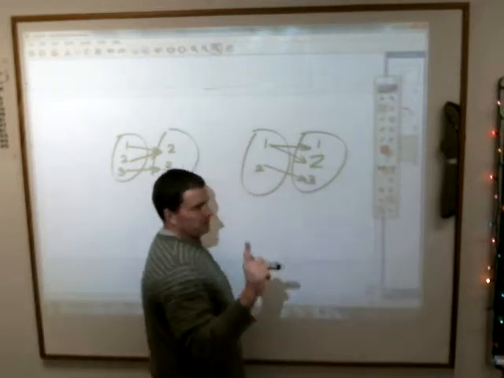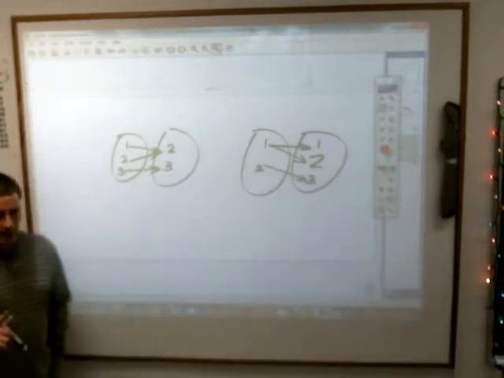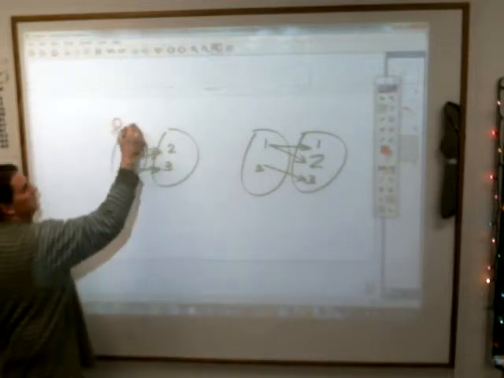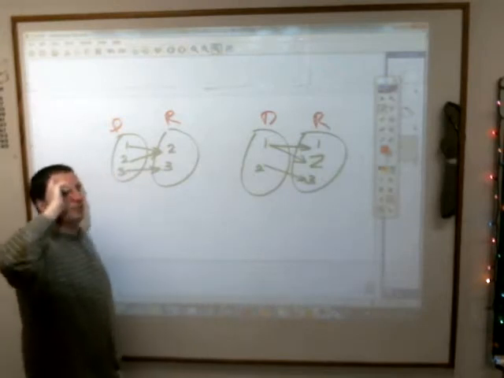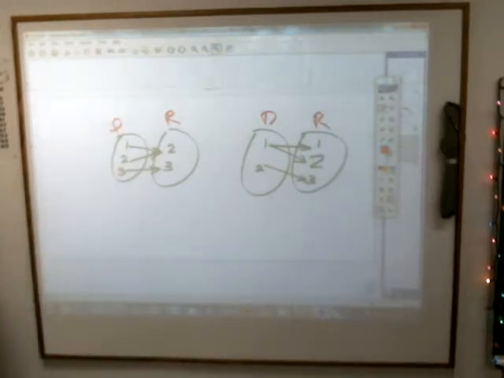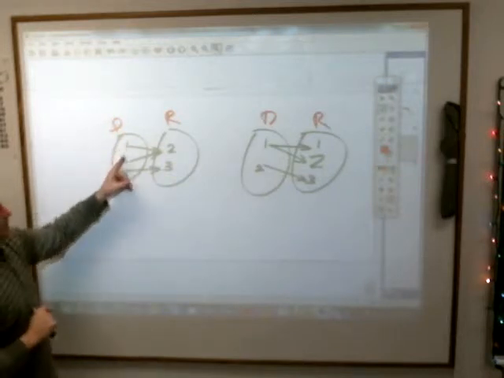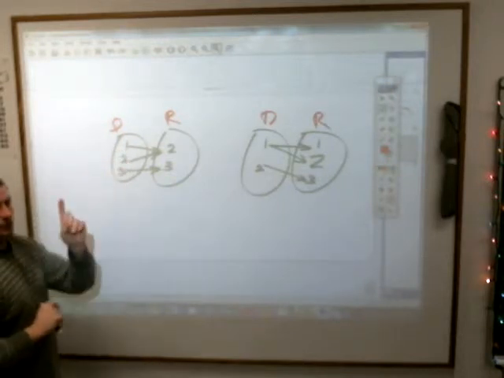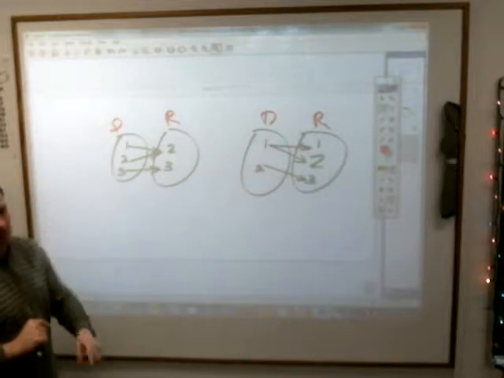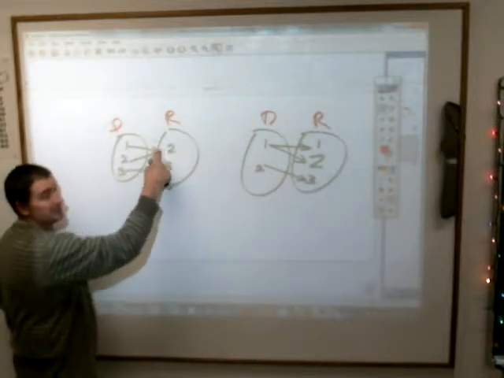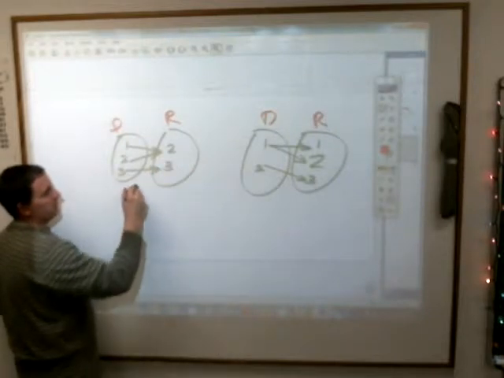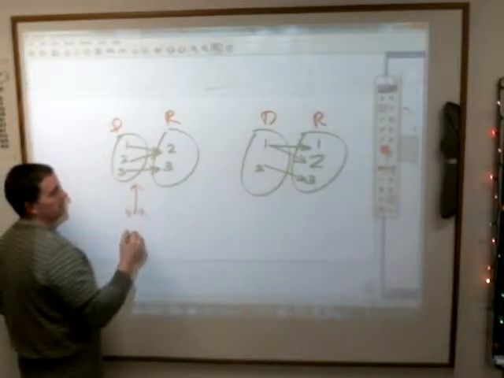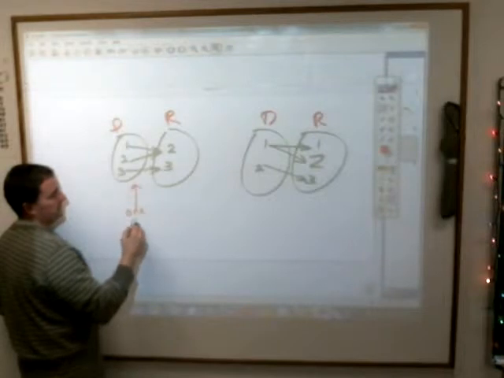The rule is that, here's the domain, here's the range. Every domain thing has only one range mapped to it. So if you look at this, 1, 2, and 3, do they each only have one thing that goes with them? Yes. It can be the same thing over here, but it's only one that comes off it. In other words, you're looking for just one arrow coming off of each domain.